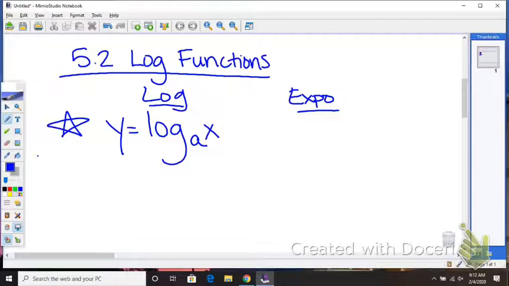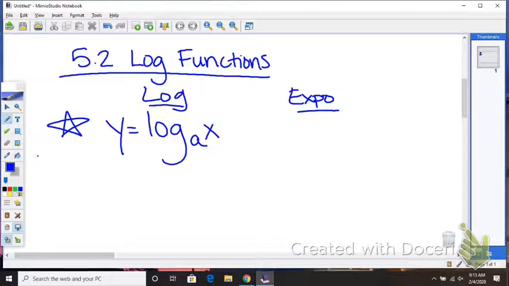Let's think of exponents. What's this called in your exponent? Base.